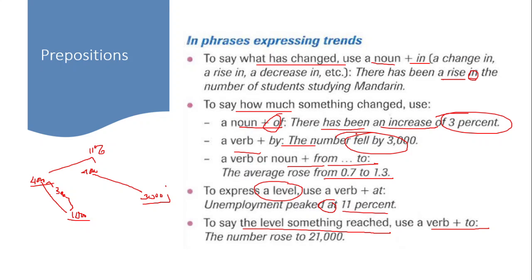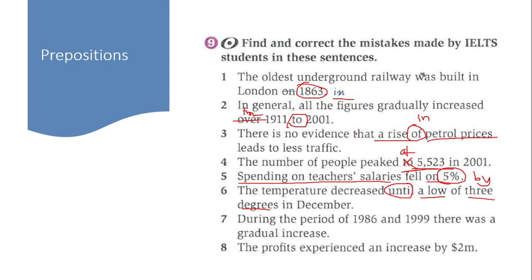Okay, what do we use? What do you think? Yeah, a low of 3 degrees, because we use a noun, of course we use of 3 degrees. Now when we talk about the temperature decrease, do we use until? No. Yeah. When we talk about the decrease, we use to.